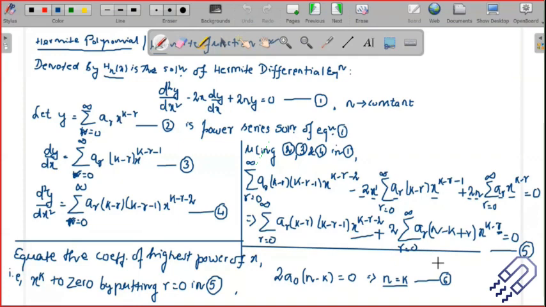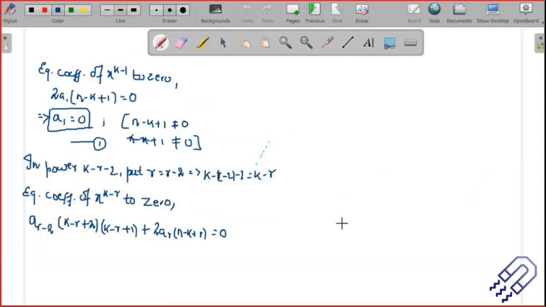This also, if you expand it, there is a term having x to the power k minus r. So we are just equating the coefficient of whatever is there for x to the power k minus r. Because this is a series, please don't get confused. We are not doing any kind of replacements here. I want to know for what value of r I'm getting k minus r. Here it doesn't change, this term is already there, and here if r is r minus 2, then only I get k minus r. So that's why I can take both of them together.